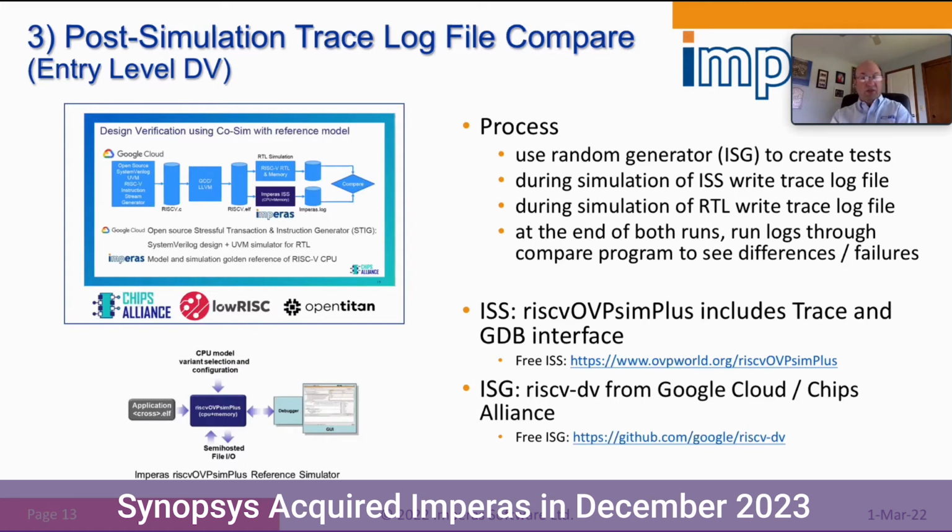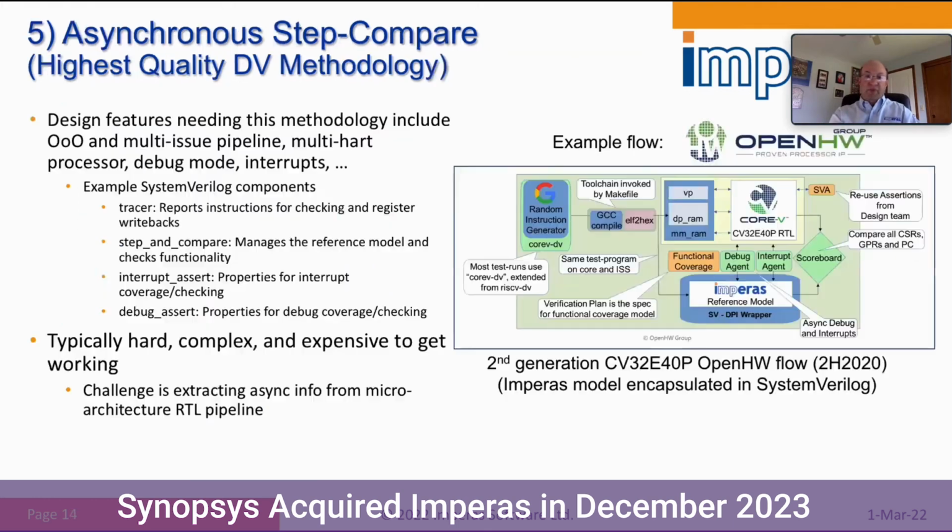It includes trace, includes a GDB interface. And as I said, that's available for free. There's a link for it there. And then on the instruction stream generator, using RISC-V DV from Google Cloud and Chips Alliance. So that's the entry level.